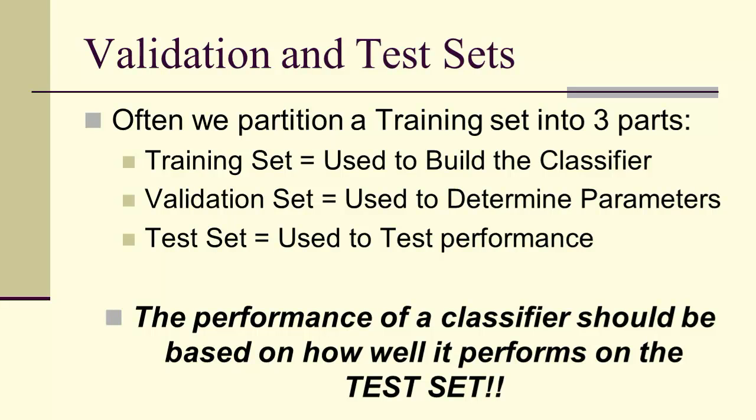The training set to build the classifier, the validation set that's used to tune or test the classifier as it's being constructed, and finally the test set, which is used to actually determine how well a classifier performs. So we design based on the training set, tune based on the validation set, but we accept or reject whether or not we should use such a classifier based on the test set.